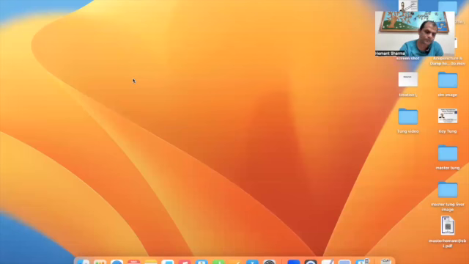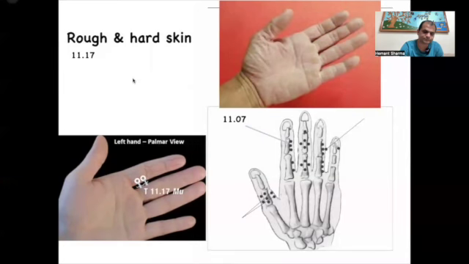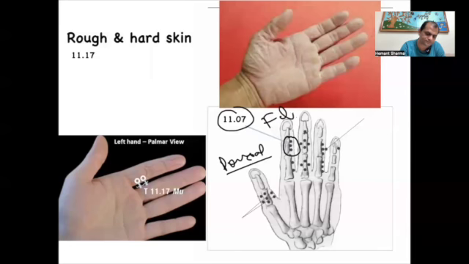Okay. Look at this image. Here we can see 11.07, these three-point units on the dorsal side of the palm. This is on the F line. And if we talk about the palmar side, we can put two points here, that is 11.17.